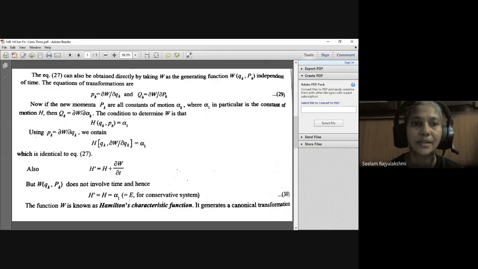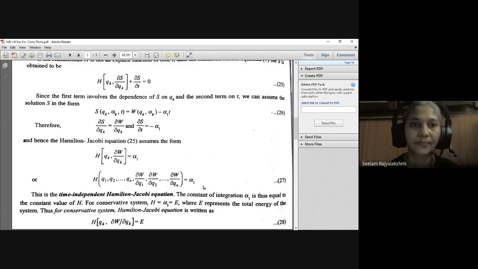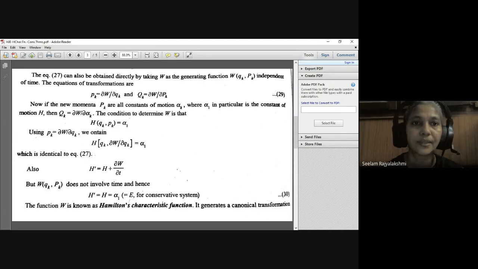Equation 27 can also be obtained directly by taking omega as a generating function, omega of qk, pk, which is independent of time. The equations of the transformation are pk equals dou omega by dou qk, and qk equals dou omega by dou pk.